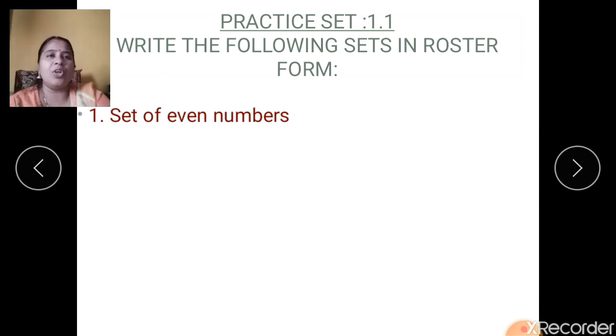And they have not specified here till where they want. So this type of sets are called as infinite sets, which can be represented as 2, 4, 6, 8 and put dot dot dot. It means that it is continuing. Okay. So these are the important things to remember. Start with a capital letter, curly brackets, elements are separated by commas and then end with a curly bracket.